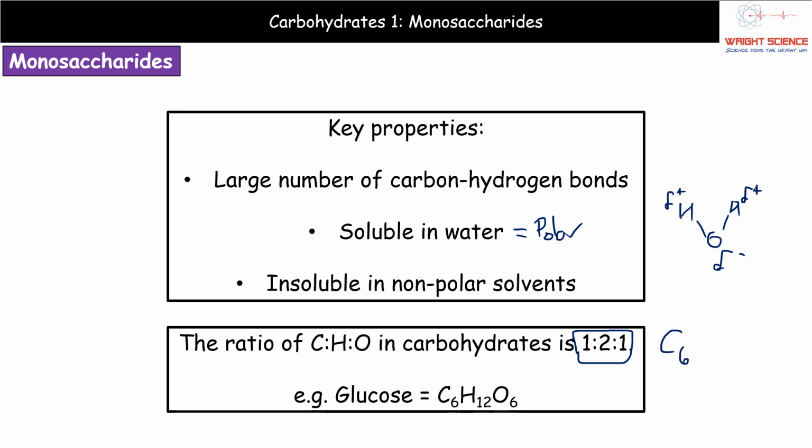So we've got 6 carbons, hydrogens, there's 2 to 1, so we do 2 times 6, which is 12, and then our oxygens at the end are the same as our carbons, so 6. If we were doing a 5 carbon sugar, we would have C5, H would be 2 times 5, which is 10, and O would be just 5 again. So by knowing that little ratio, we can work out the formula of any monosaccharide you could be given the number of carbons for.